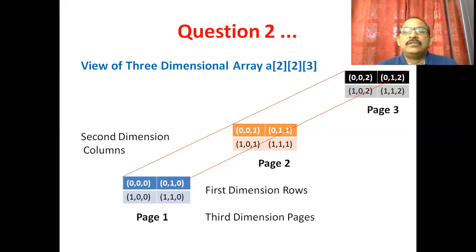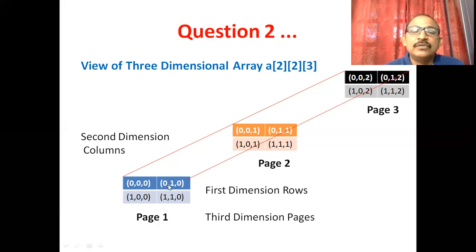Next, all elements of the second row are stored, and so on. The first element in the first row is 0, 0, 0. The next element in the first row is 0, 0, 1, not 0, 1, 0. Next is 0, 0, 2.